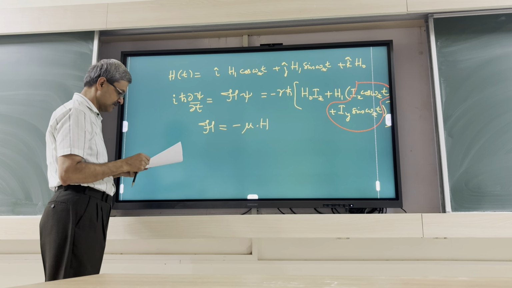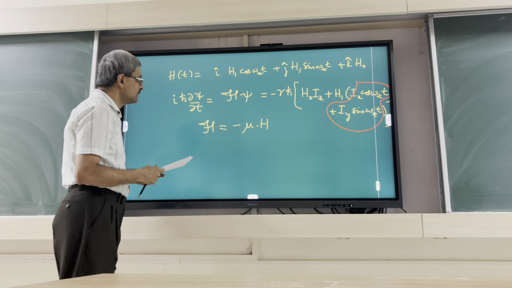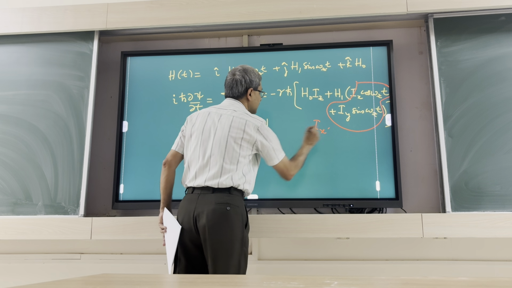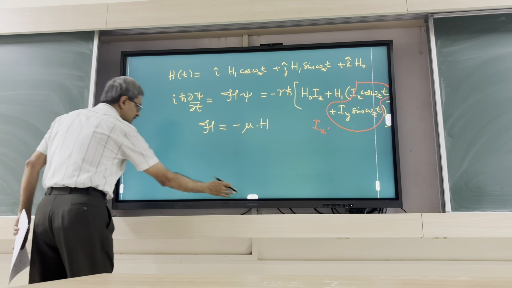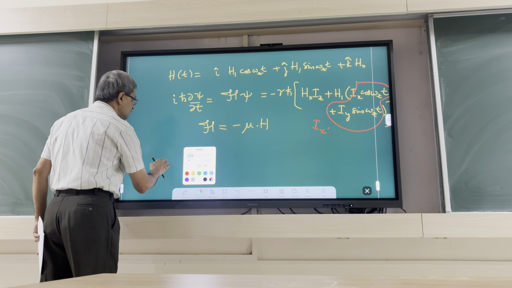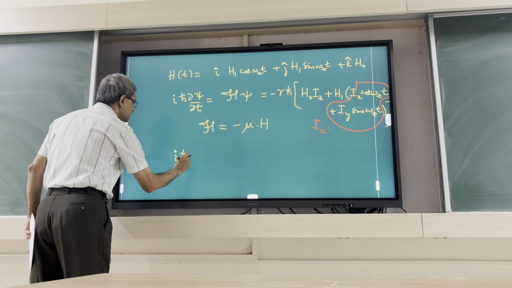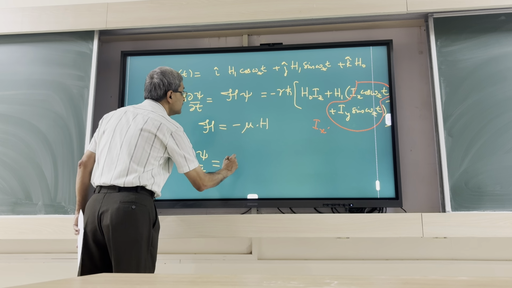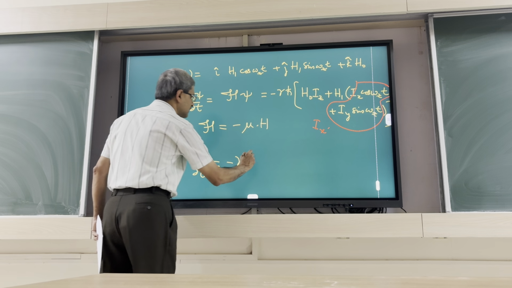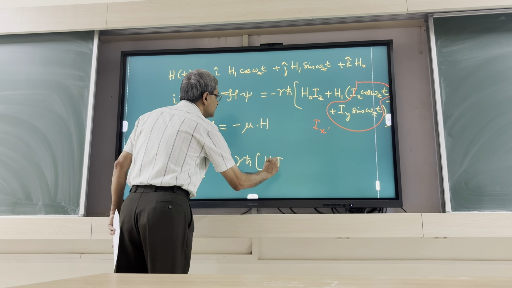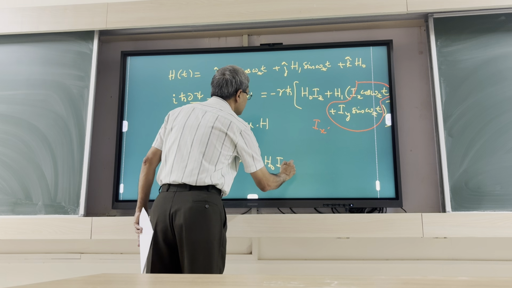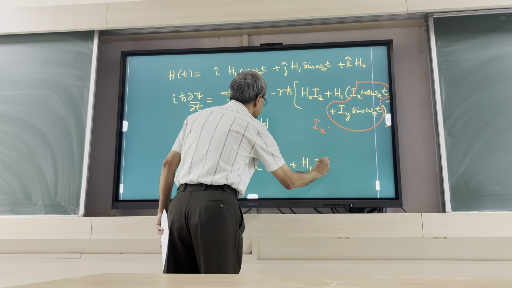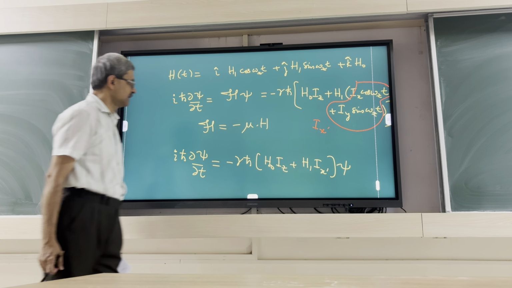Okay, so I h bar del psi del t equals minus gamma h bar, h naught Iz plus h1 Ix prime, acting on the wave function.